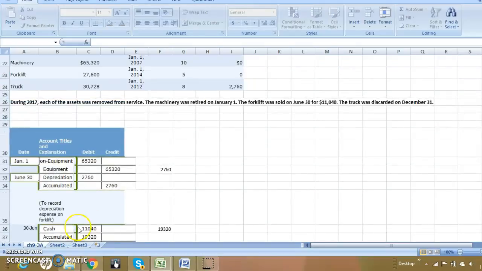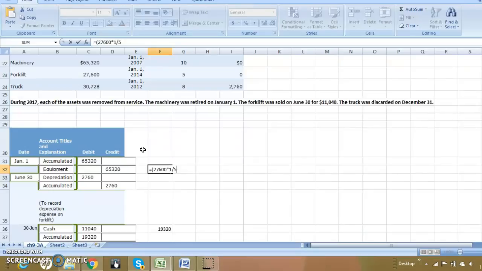So first, we will calculate the depreciation expense, and to do that, we take the cost of the forklift, which was 27,600, times 1/5, because that's the useful life.